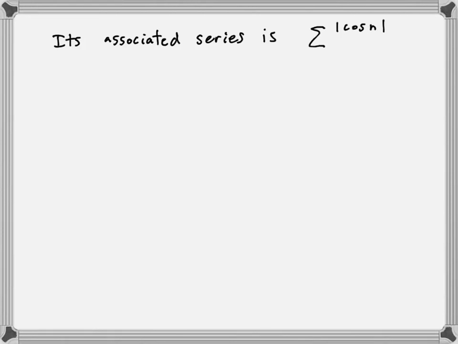Okay, so we're looking at the absolute value of cosine of n over n squared. Now this may look even more difficult to you, but here's the important part. This is now a positive series.